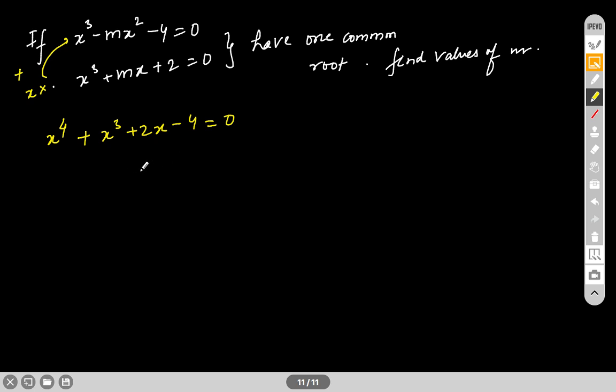If you see, 1 is going to satisfy this, so x minus 1 is going to be a factor, correct?